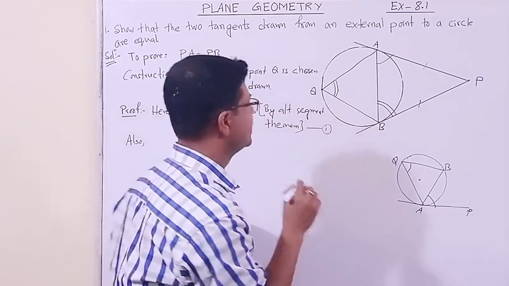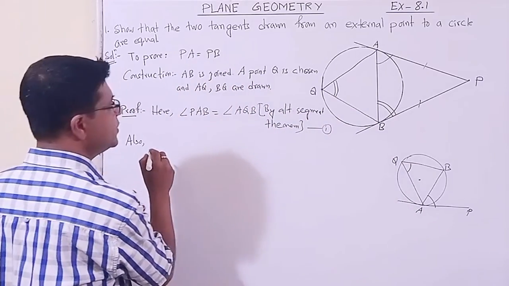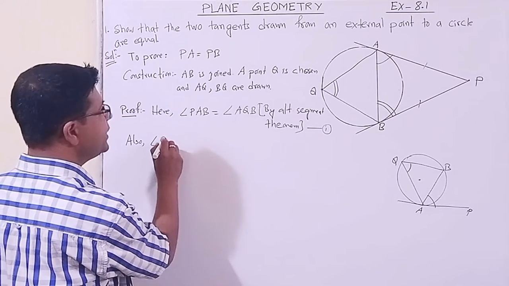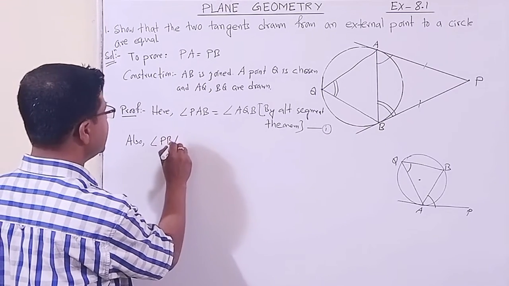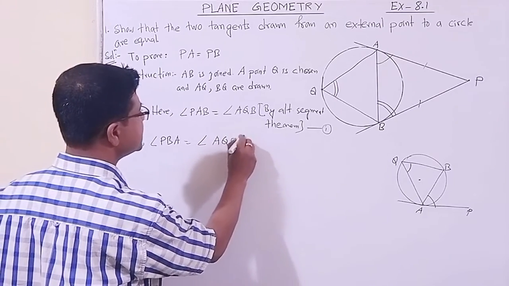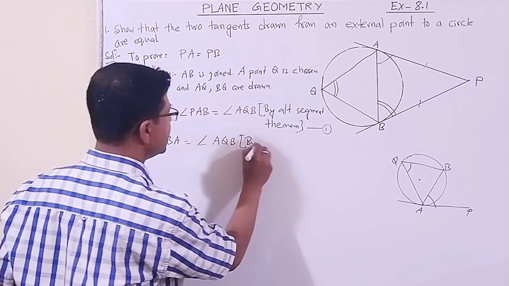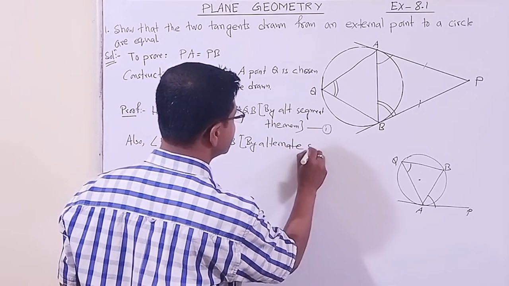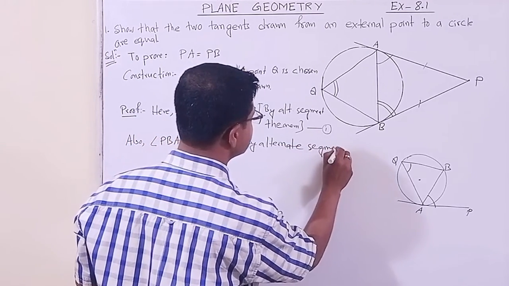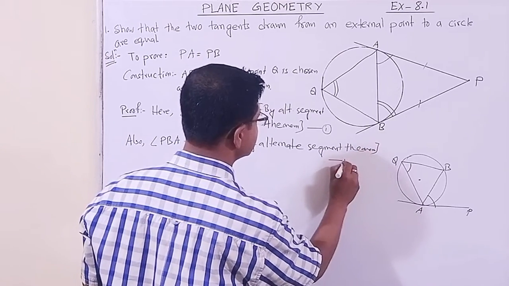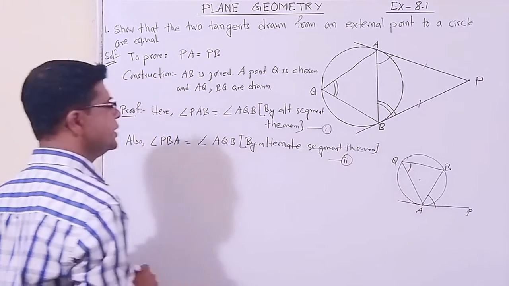Have you understood? So here also angle PBA equal to angle AQB. Again the same reason, by alternate segment theorem. Okay, this is equation 2.